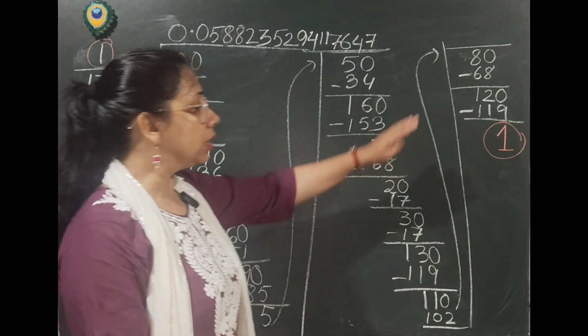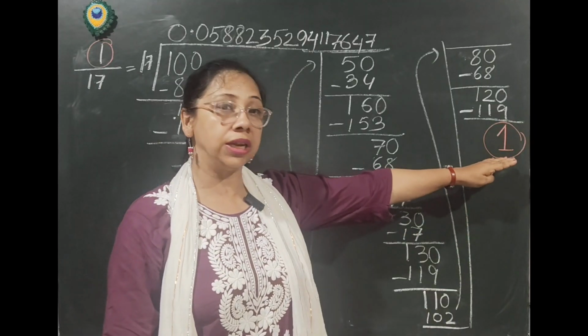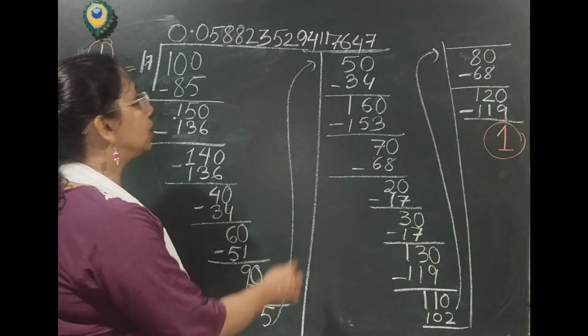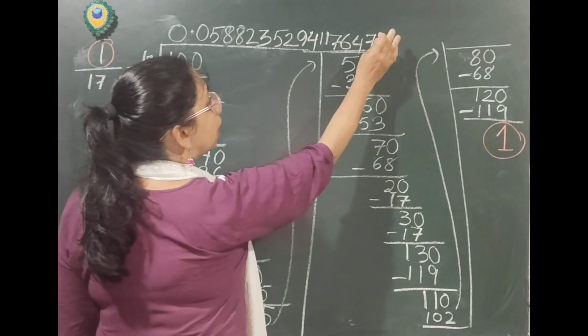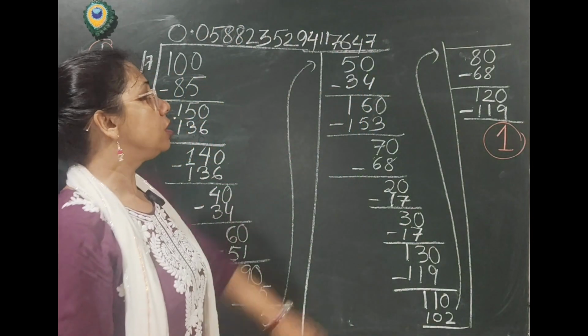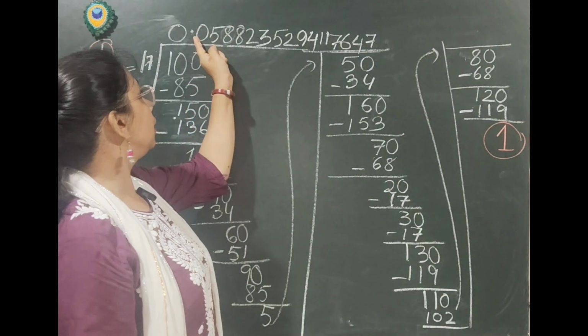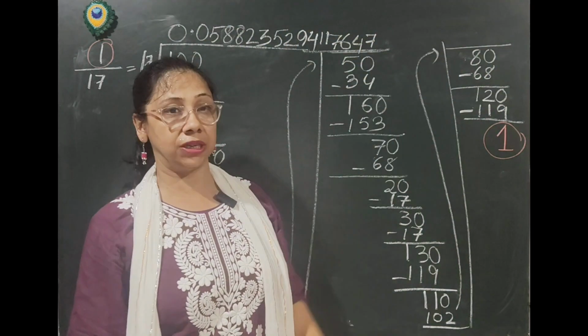Now if we restart the division method after 1, taking 1 as dividend and again long division, we'll see that all these numbers will again repeat after this 7. So this is the last point, and again from the beginning, from the 0 to 7, again it will repeat.